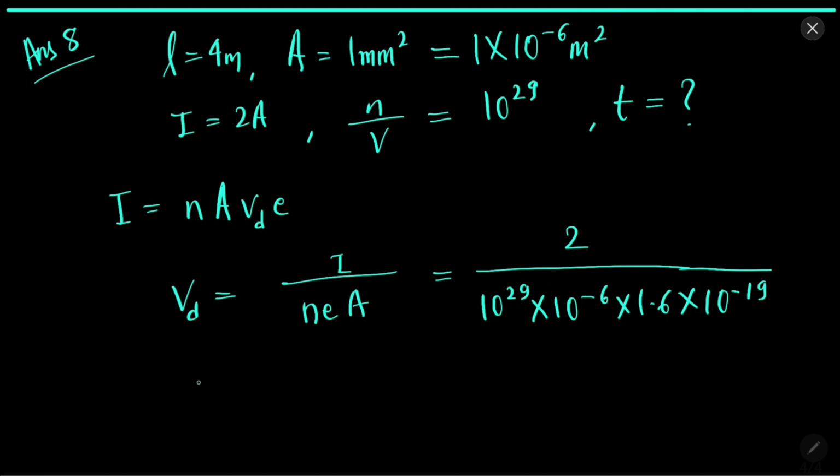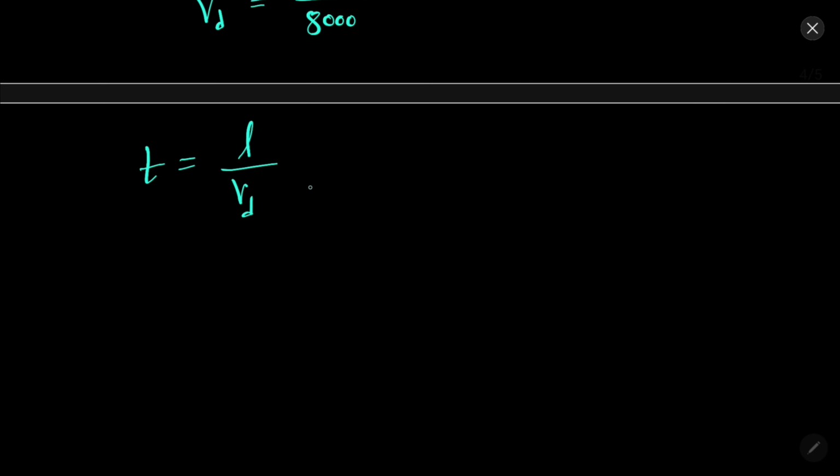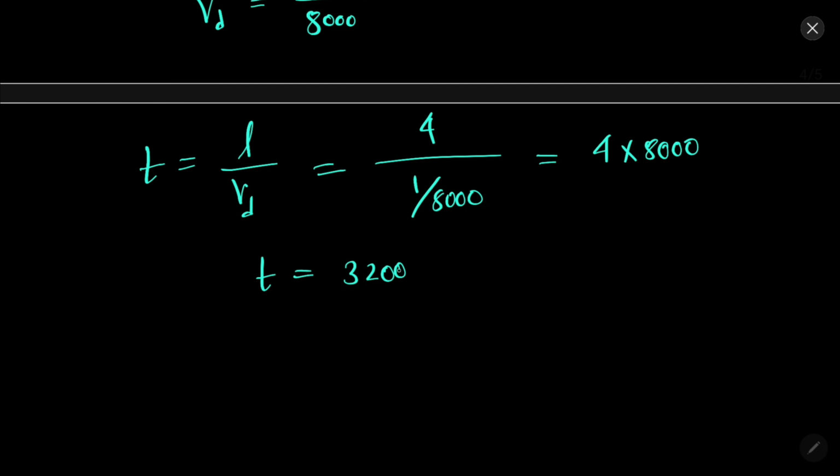So Vd will be 1 over 8000. Now time is length over drift velocity, because velocity is length over time. So 4 over 1 by 8000. So it will be 4 into 8000. So time will be 32,000 seconds, or 3.2 into 10 to the power 4 seconds.